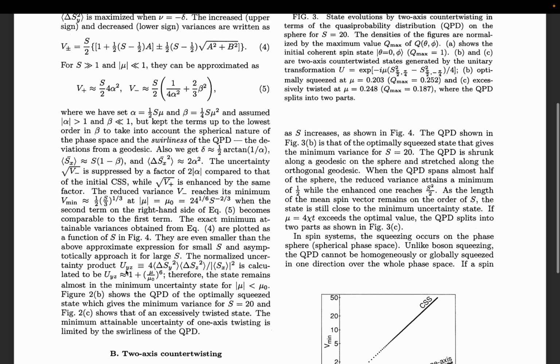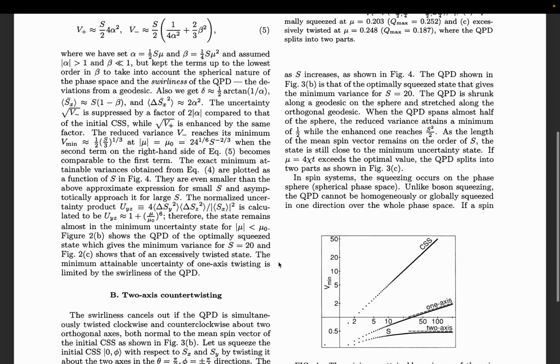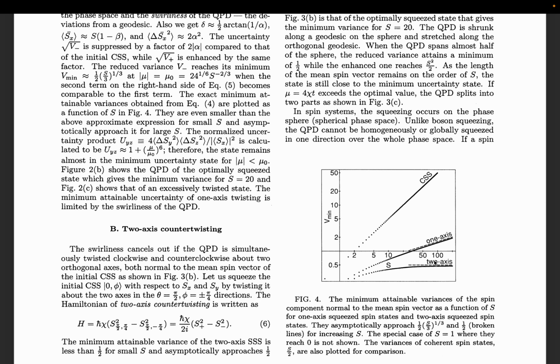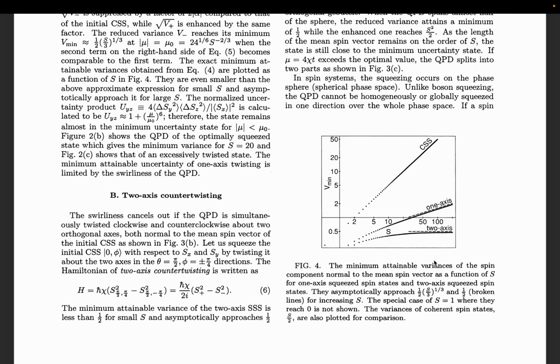We can see from this figure that one-axis twisting gives a variance value less than that of the coherent spin states. We can reduce it even more using two-axis counter twisting. It can be obtained by twisting a spin operator about two axes simultaneously.